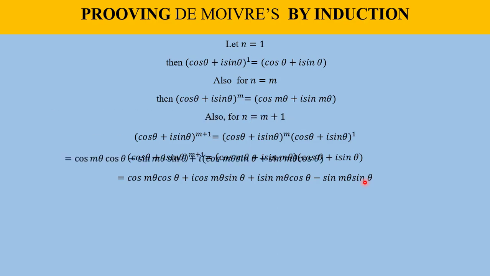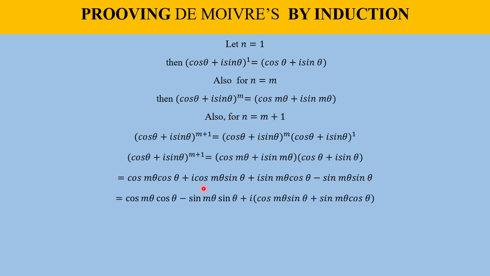Then the next step is to collect like terms, the real parts together and the imaginary parts together. So we shall finally have the real part being cos m theta cos theta minus sin m theta sin theta, plus i into (cos m theta sin theta plus sin m theta cos theta).